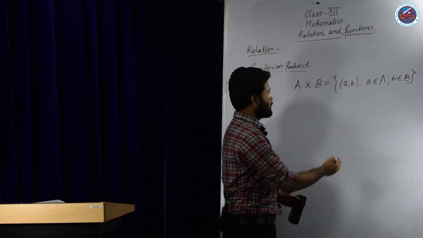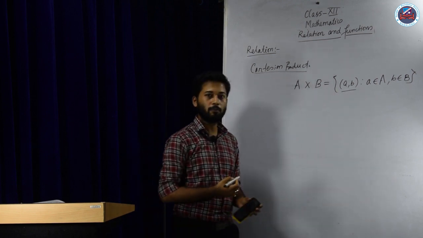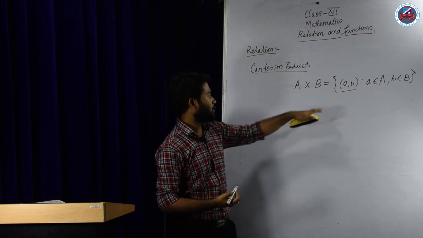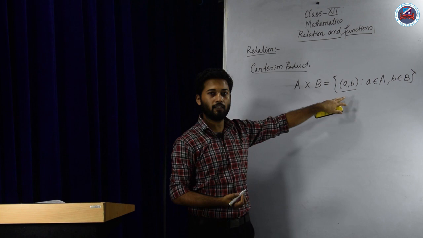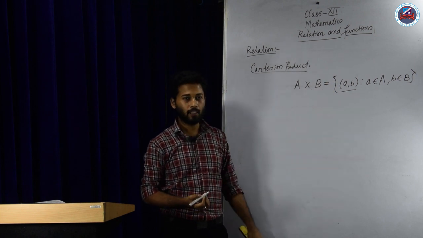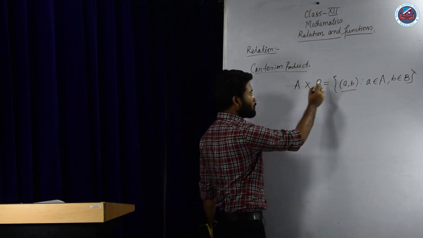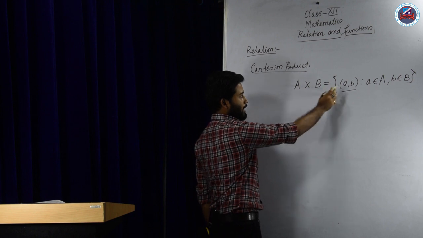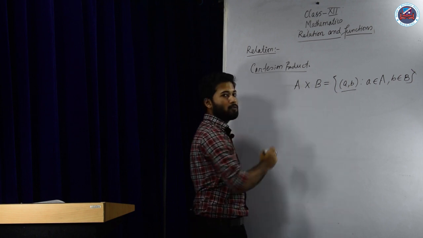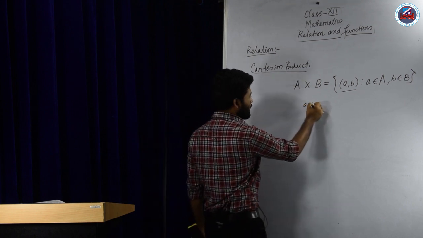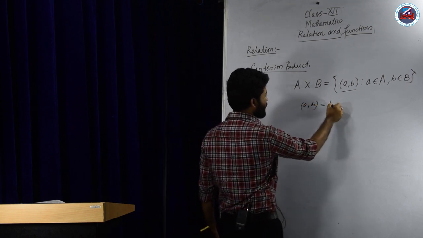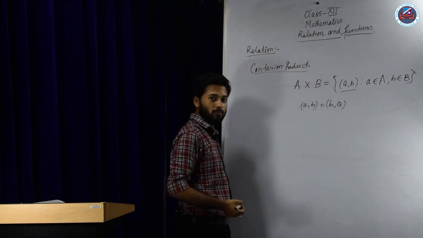I have used the word ordered pair. What do you mean by it? It means that the elements in this collection must be in the ordered form. That means this a must always belong to capital A and this small b must always belong to capital B. So if I write (a, b) is equal to (b, a), will it be true?